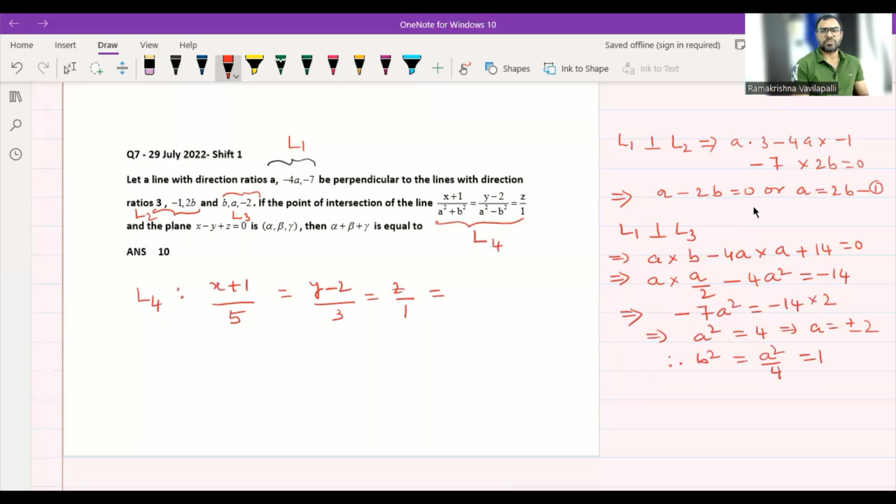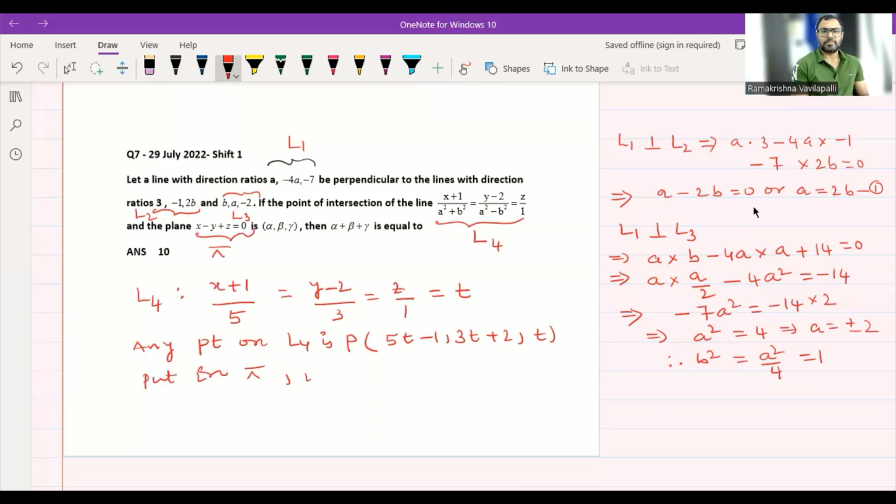So this is equal to some t. So any point on L4 is P, 5t minus 1, 3t plus 2, comma t. So it also lies on the plane. Substitute in the given plane. This is the plane pi.